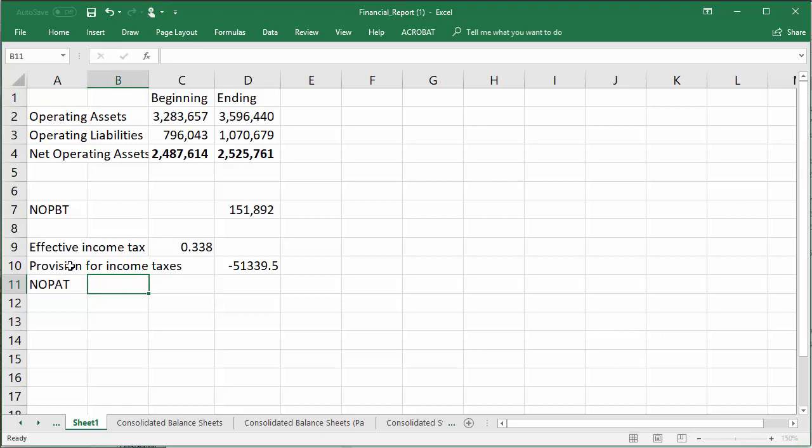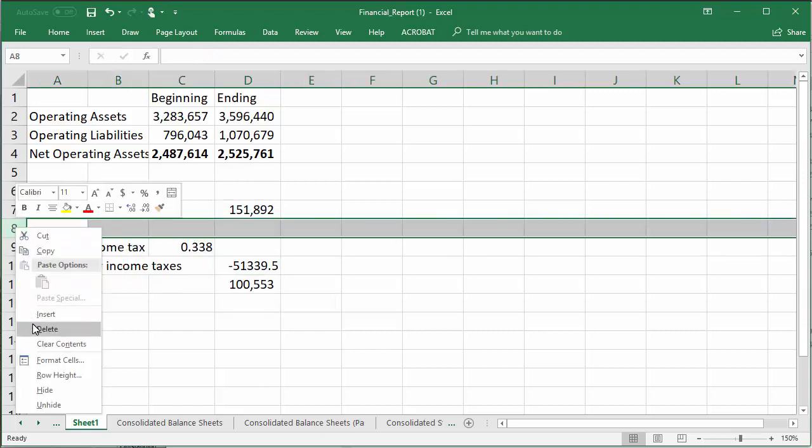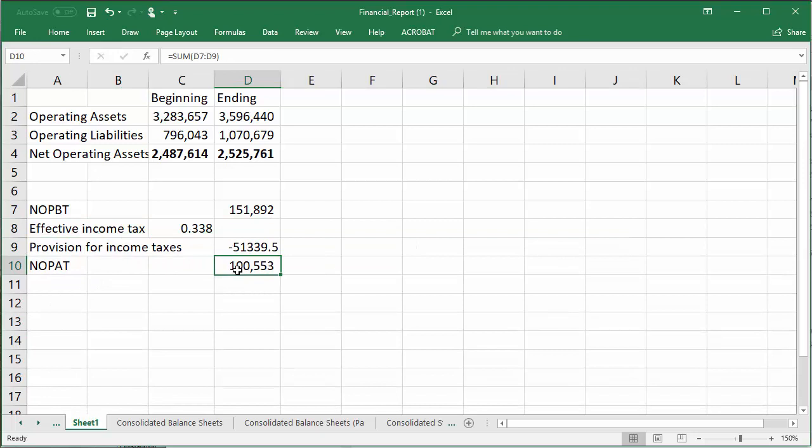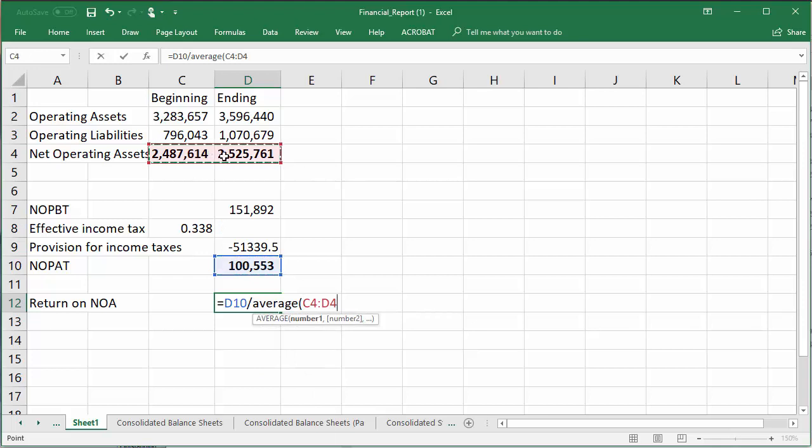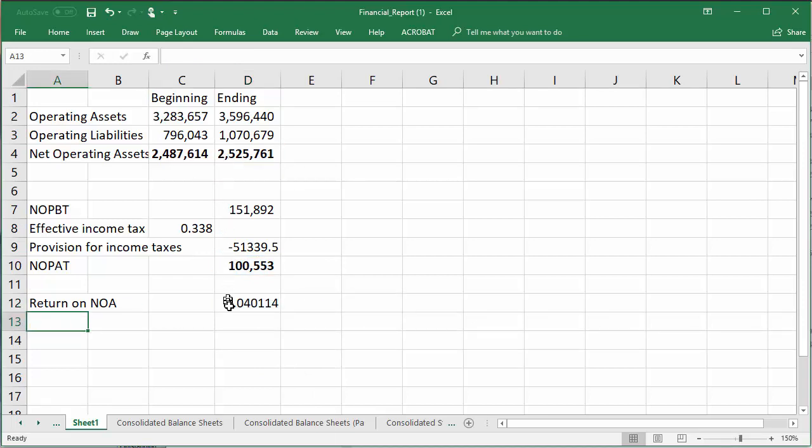And therefore, NOPAT would be equal to 100,553. Now, to compute return on net operating assets, you would take NOPAT of 100,553 and divide by the average of net operating assets in order to get 4%.